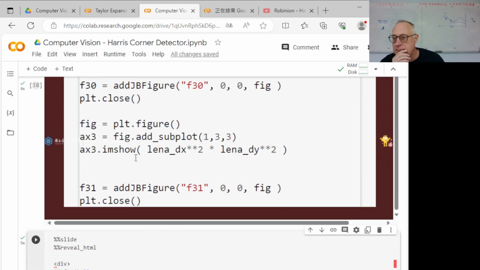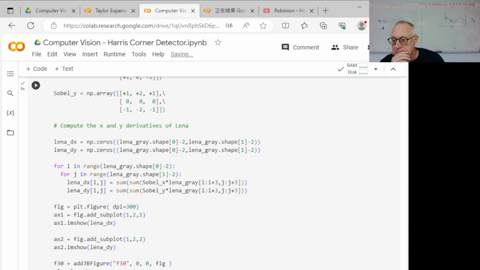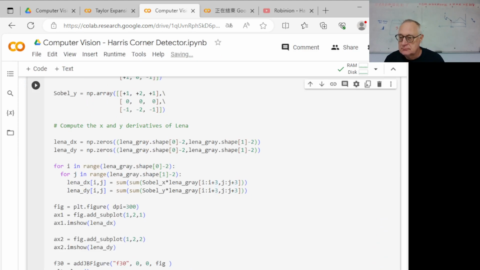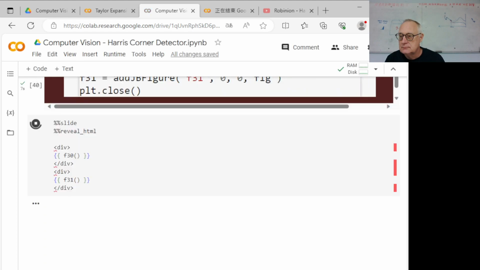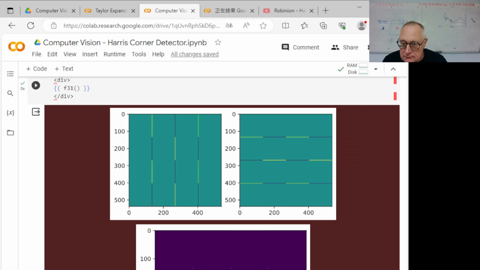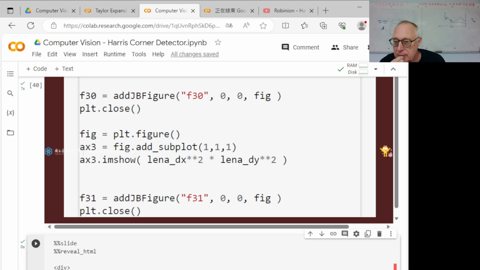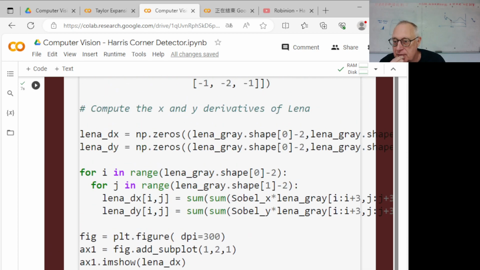Too small. Here are points, and yeah, works very nice for the checkerboard pattern. It will be the perfect response.